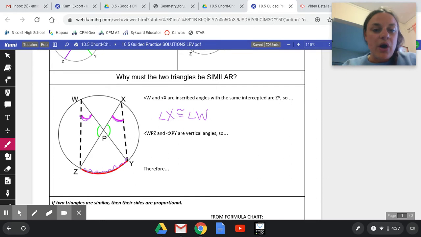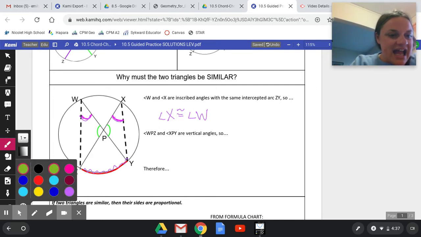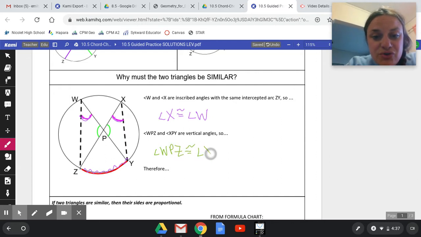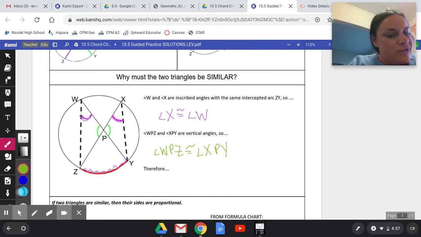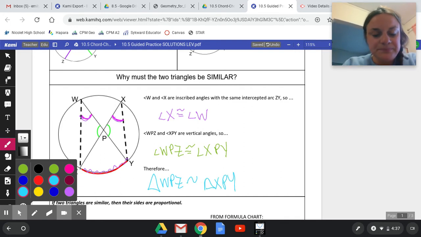Well, we also know that angle WPZ and angle XPY are vertical angles, so they are congruent. And if you have two pairs of corresponding angles that are congruent, you can make the claim that the triangles are similar. So triangle WPZ is similar to triangle XPY.